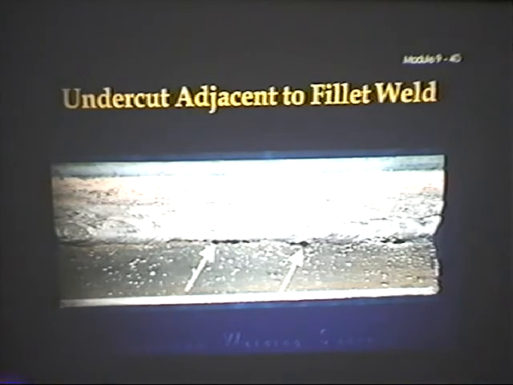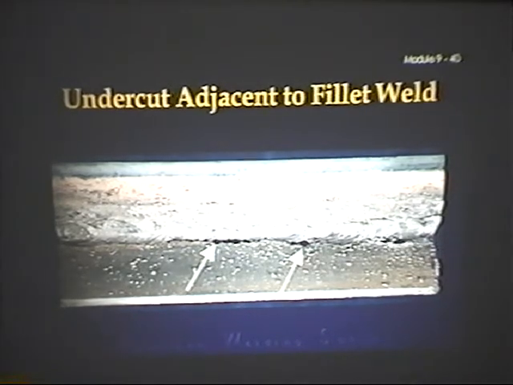Undercut adjacent to a fillet weld. You can see the shadow cast right here where it's been undercut. And what happens when they undercut? Does anybody know why that's bad? That's exactly right.